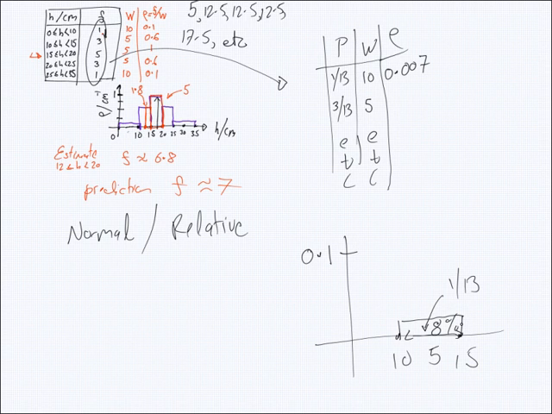Now, I don't think they'll do this in the exam. I've never seen them ask you to draw a relative histogram. But when I look at the syllabus and it says the learning outcome is that students need to draw a histogram, I just want to cover the possibility that someone might say, give me a normalized histogram. This is a normalized histogram, a relative histogram.